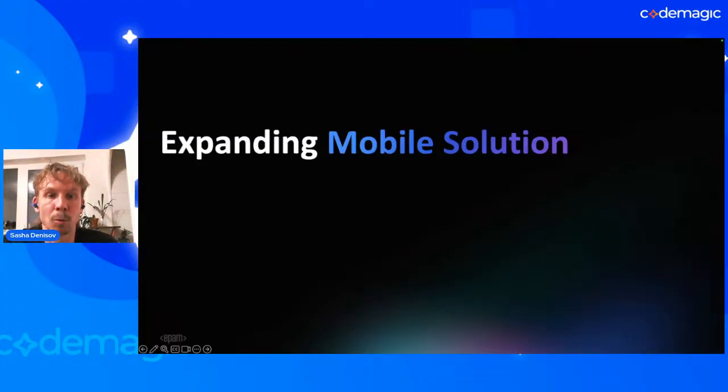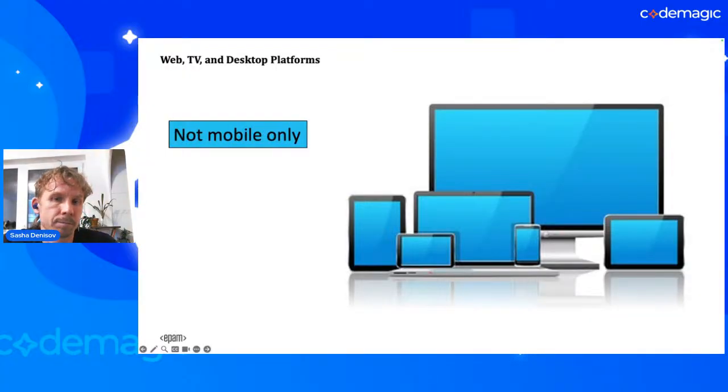But there is one more important factor that needs to be taken into account when you choose a technology: expanding the mobile solution. There are a lot of different devices in the digital ecosystem around us, and not all of them are mobile. People don't just use applications on mobile phones.